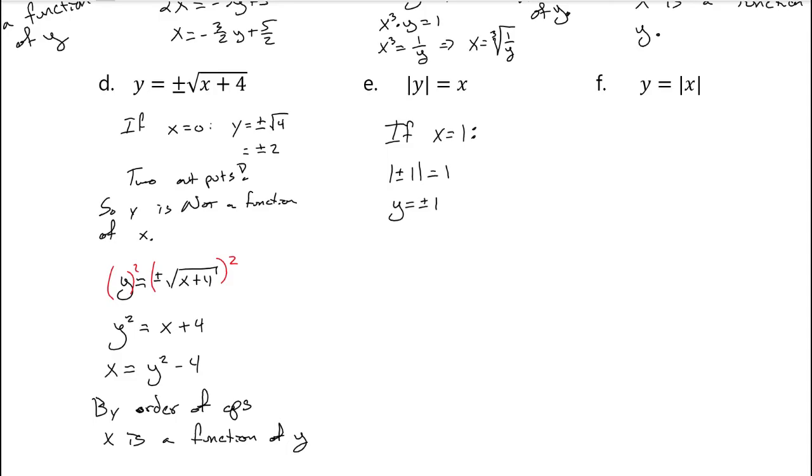So if x is 1, we have two different y values. So y is not a function of x. But if I plug in a y value, like if I take the absolute value of negative 3, that's only going to output a single x value, positive 3.